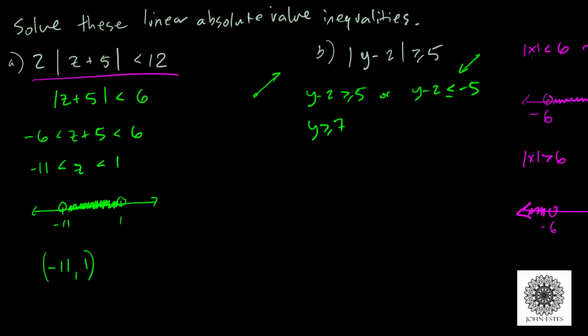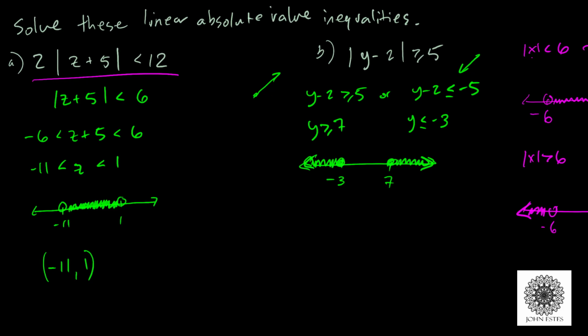And for the second one, I add 2 to both sides to get y is less than or equal to negative 5 plus 2, which is negative 3. Okay, and if you look at the number line here, I have negative 3 and 7, and both of these are included. And the first one says greater than or equal to 7, so I'm going out this way. And the other one says less than or equal to negative 3, so I'm going back that way.